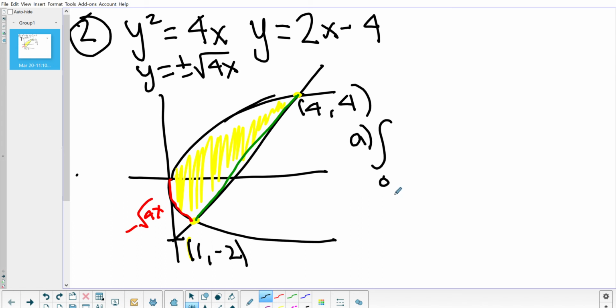So from 0 to 1, it is the square root of 4x minus negative square roots of 4x.